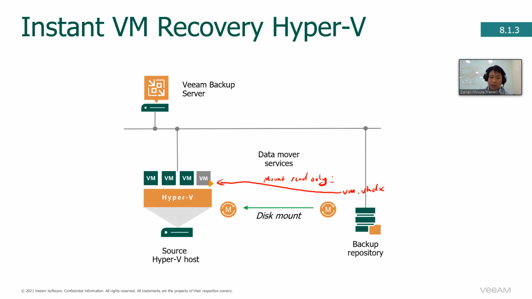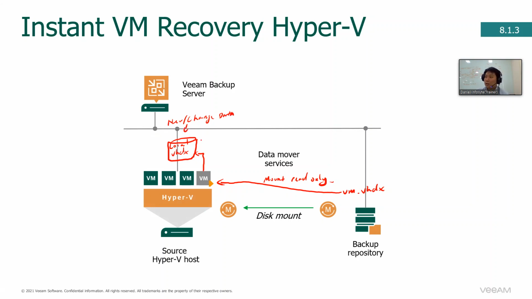We cannot change the backup data. So I will mount and read, then power on the virtual machine straight away. Okay. So after the virtual machine is powered on, Hyper-V here will already create a local VHDX. So this will be used to cover your new and changed data directly.